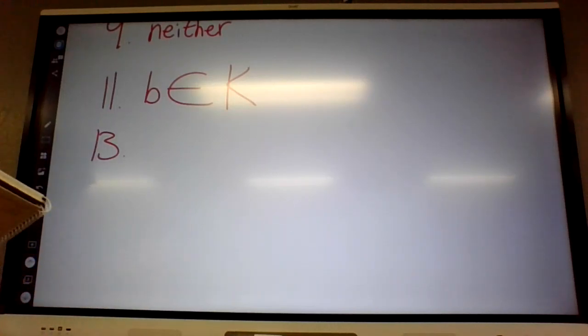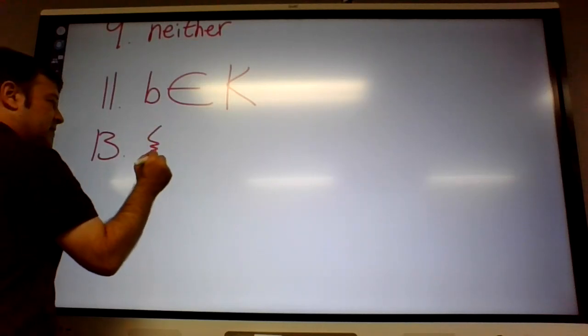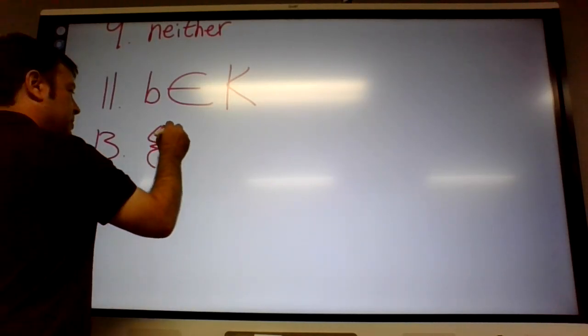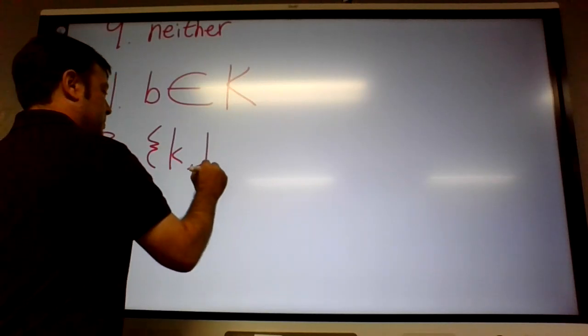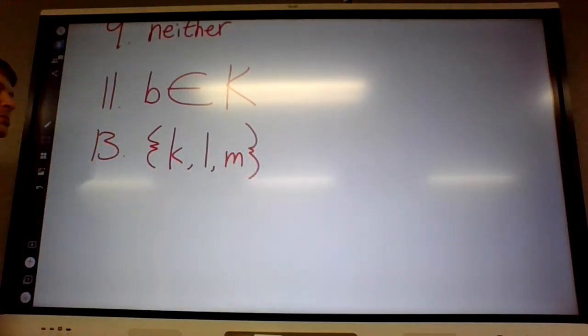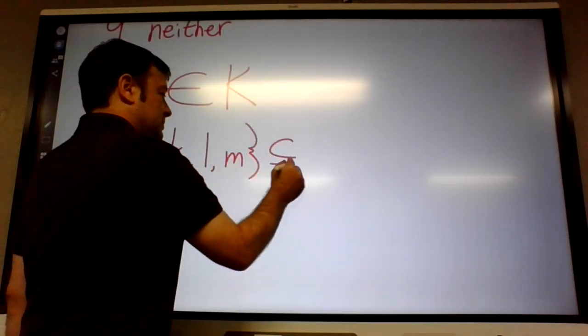13. The set containing K, L, and M is not a subset of T. Okay, so I need a set containing K, L, and M. Do you guys remember the subset symbol? Is it with the underline on it? Yes.